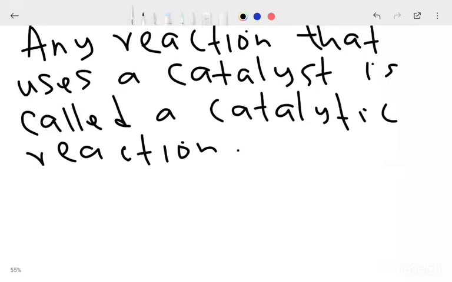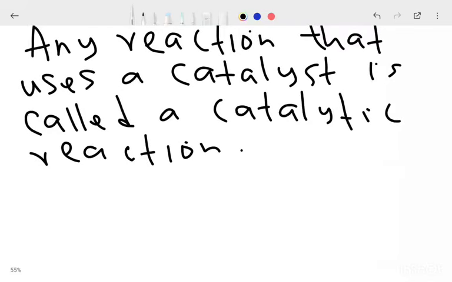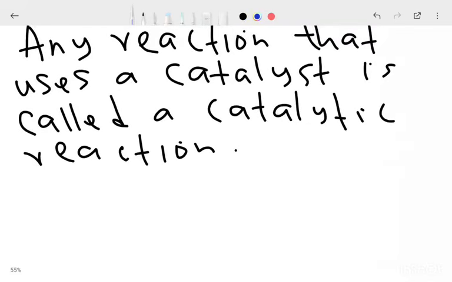Now let's look at something. There are two types of catalyzed reactions. Let's know the meaning of homogeneous and heterogeneous catalysis. Very, very important.